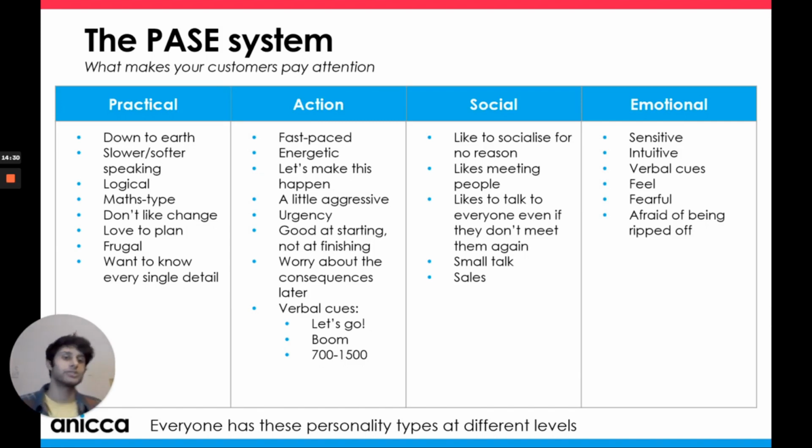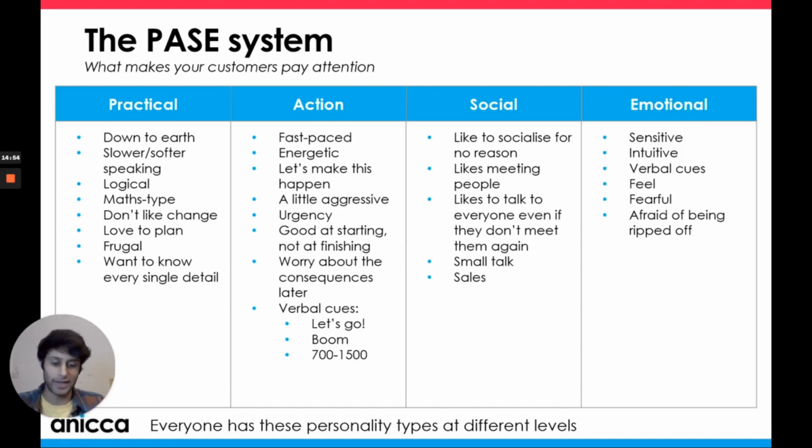And finally, the emotional personality type, which is people who are a little sensitive. They're intuitive, and if you're trying to persuade or appeal to an emotional personality type, a good word to use is "feel". How do you feel about that?